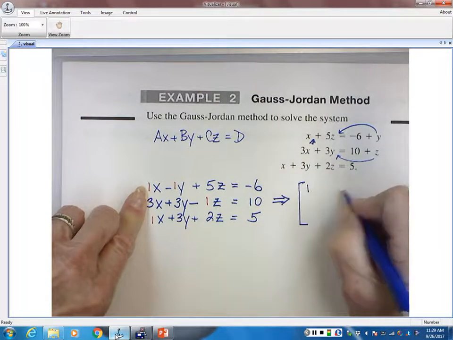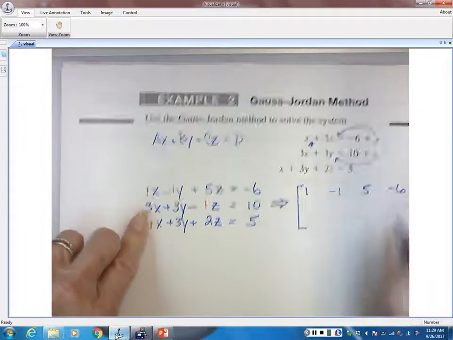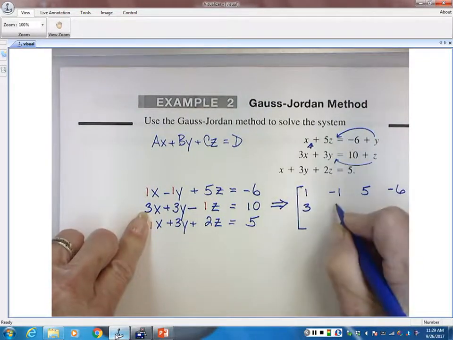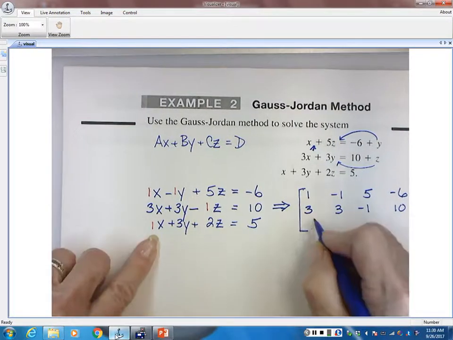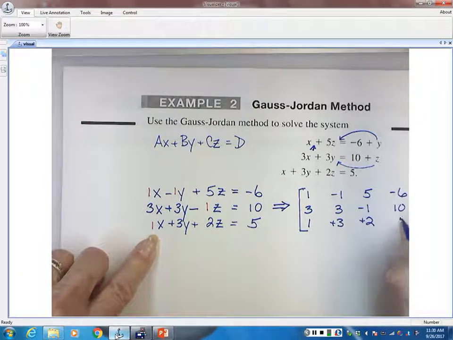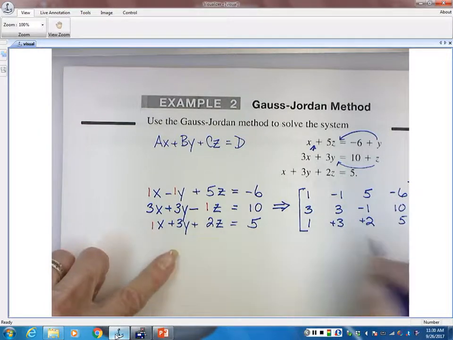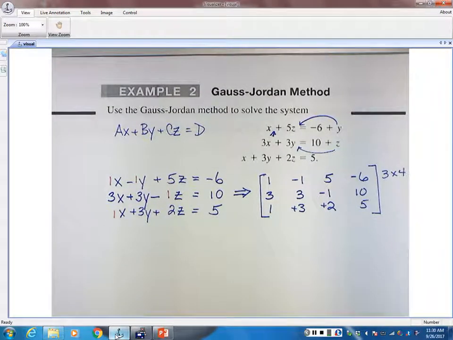So that's 1x minus 1y plus 5z equals -6. 3x plus 3y minus 1z equals 10. X plus 3y plus 2z equals 5. So there's your augmented matrix. And your augmented matrix is a 3 for the 3 rows by 4 for the columns: 1, 2, 3, 4. And you need to know that to be able to enter it in your calculator.